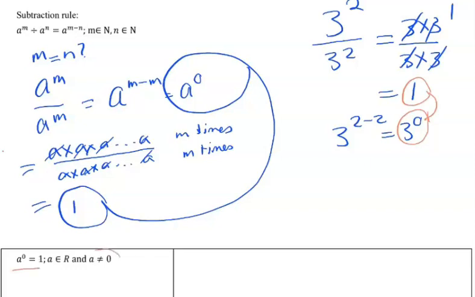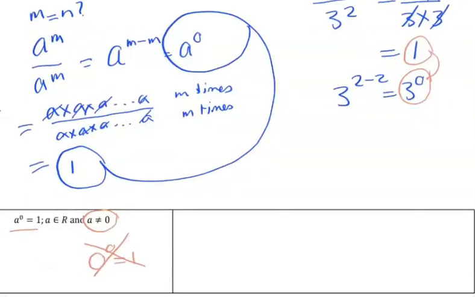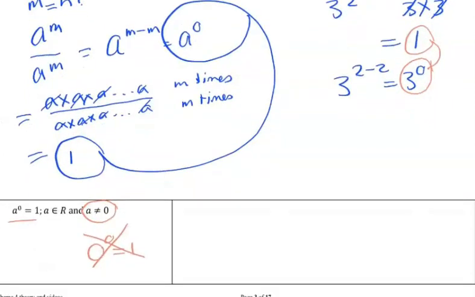But it's very important that you exclude the number 0. Later in first year mathematics, we will do limits where we encounter 0 to the 0, and we will see that we do not always get the answer of 1.